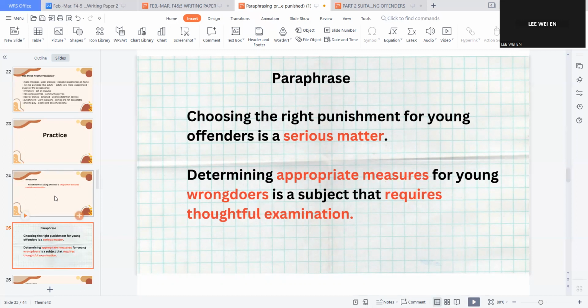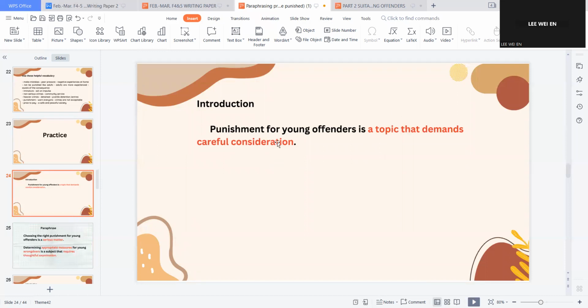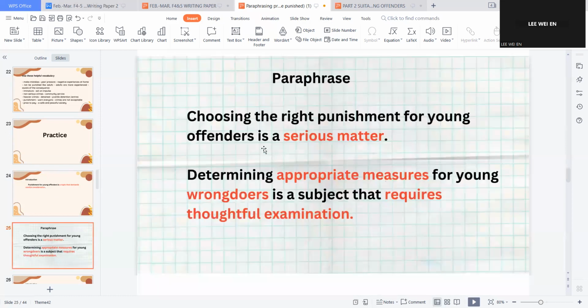I want you to paraphrase this whole sentence. Okay. You look at this one. I want you to rephrase in your own words. Try to rephrase it. Type in the chat box. You try.